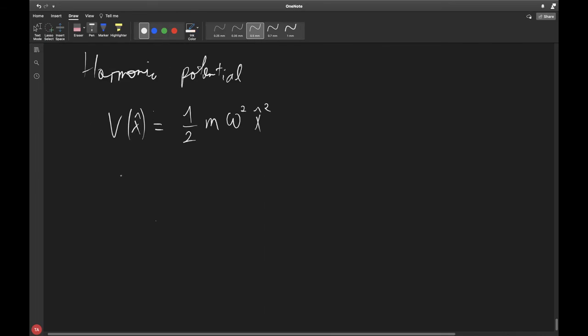So now if we plug this back into our Schrödinger equation or the Hamiltonian, we get that H as an operator is the same as p squared operator over 2m plus 1/2 m omega squared x squared, where x is an operator too. This has the form of a squared plus b squared, right?